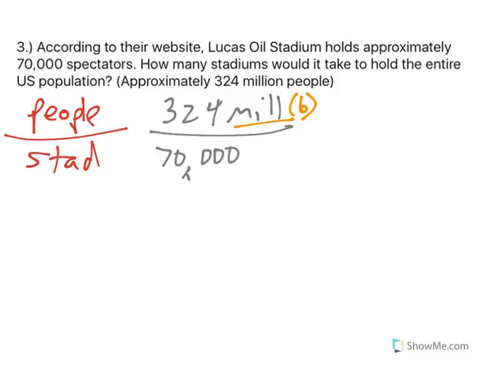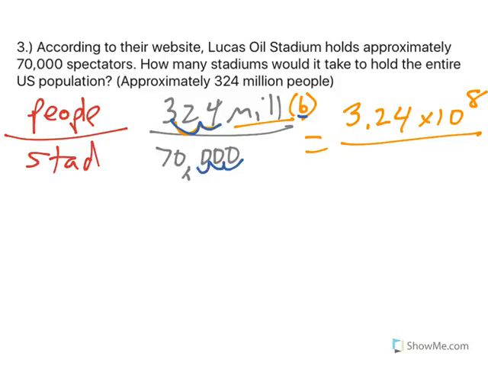Again, million means 6, but if I move this 2 places, that gives me 3.24 times 10 to the 8th, because here's 6, 7, 8. That's how I got the 8. Divide this by 1, 2, 3, 4, 7 times 10 to the 4th. Okay, so now when I divide, right?